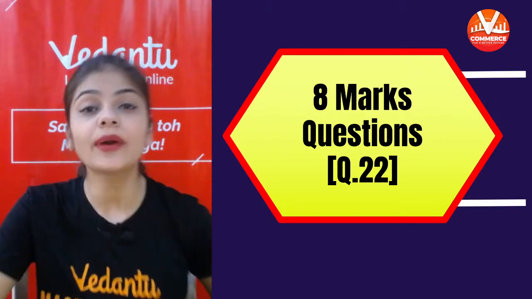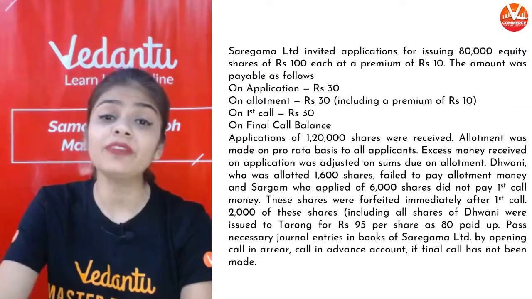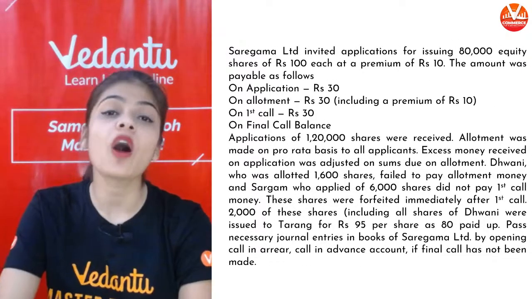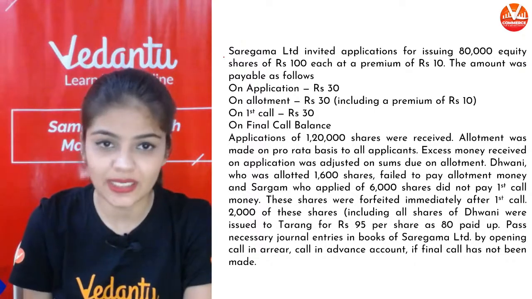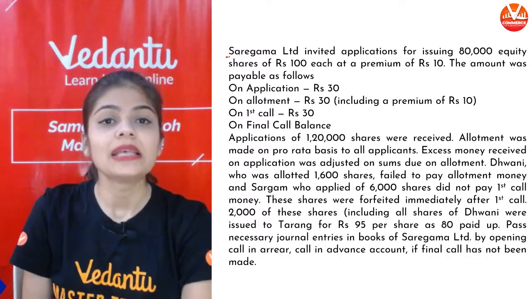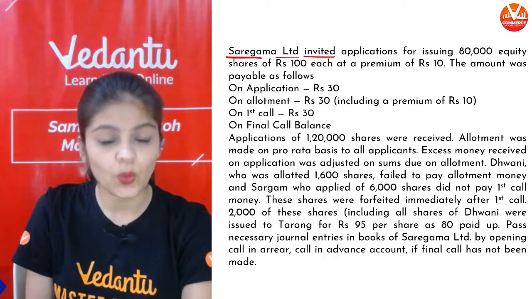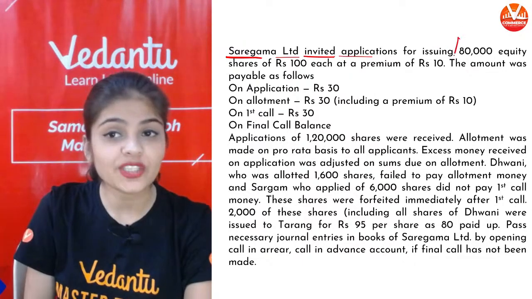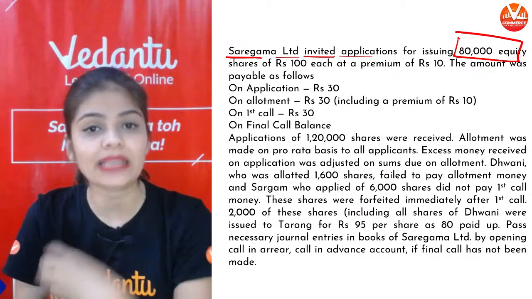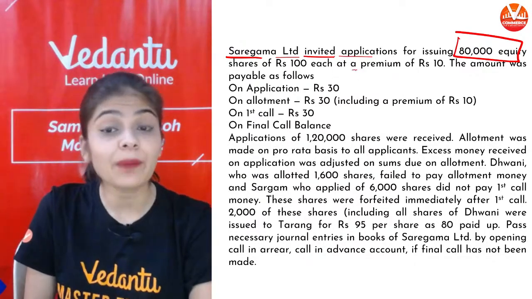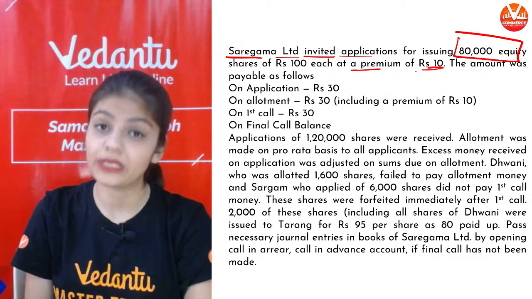Okay, so now coming on to the next 8 marks question, which is from the chapter Issue of Shares. Saregama Limited invited applications for issuing 80,000 equity shares at a premium of 10 rupees.